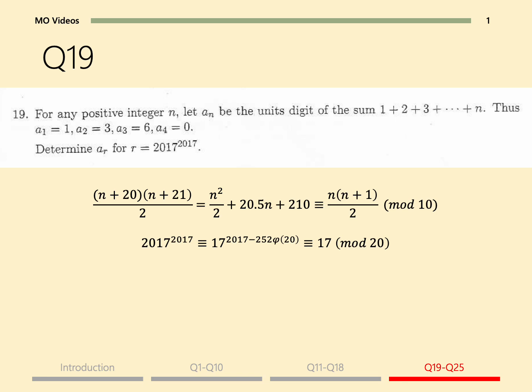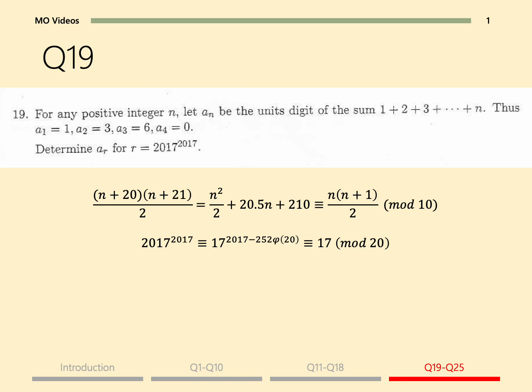So our next step is to find the value of the index, 2017 to the power 2017 mod 20, and that can be done with Euler's totient theorem, which states that any number coprime to 20 raised to the power of the totient of 20 will give 1.